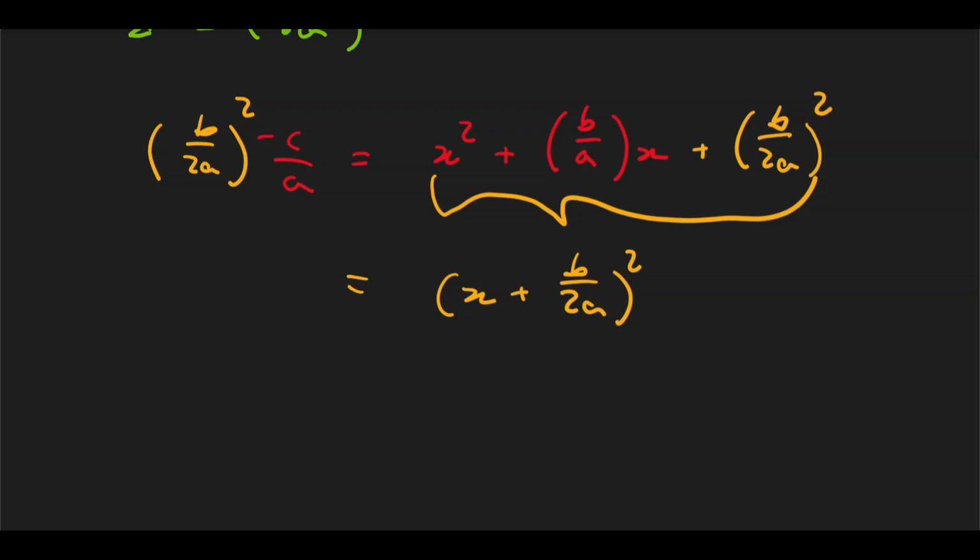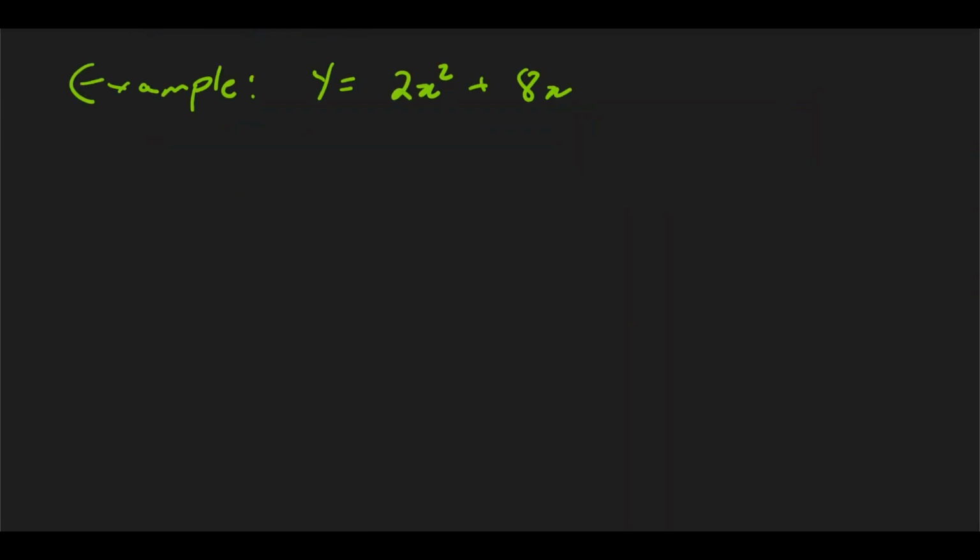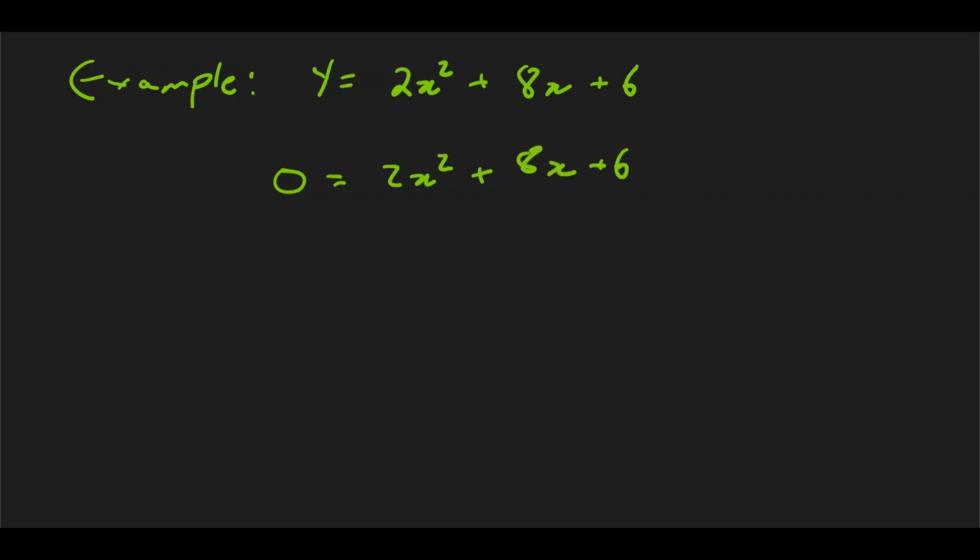So let's try an example. Excellent. So y equals 2x squared plus 8x plus 6. And the first step here is we want y to equal 0, right? By definition of an x-intercept. So 0 equals 2x squared plus 8x plus 6. So just following that previous algebra that we worked out, we want this x squared coefficient to be 1, not 2.